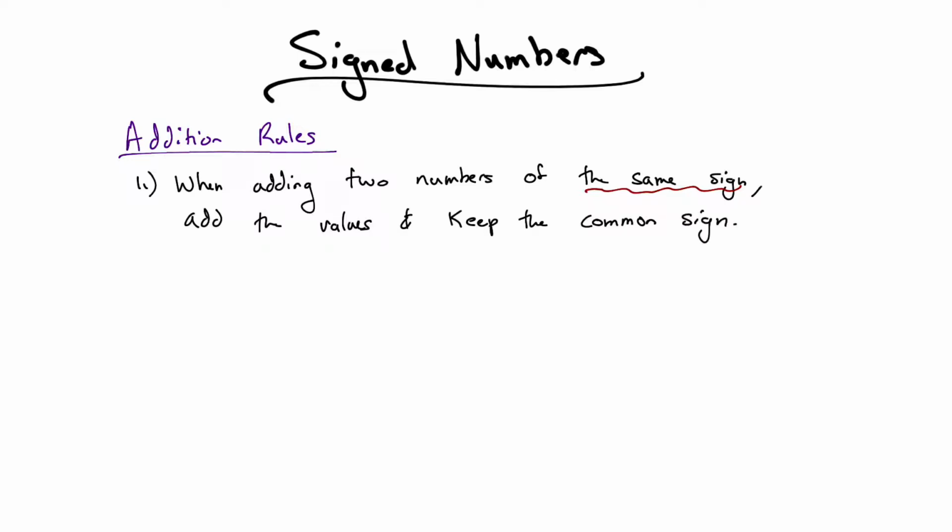So when you're adding two numbers that have the same sign, either both positive or both negative, just add the values and keep the common sign. I'm going to show you an example here in a second.